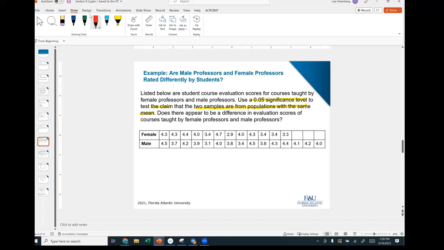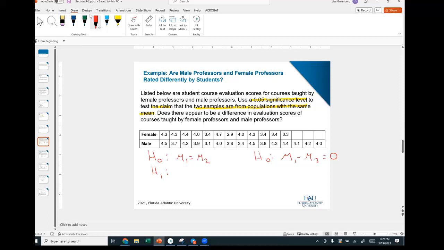The first thing we want to do is talk about our null hypothesis and our alternative hypothesis. We have these two different means, and there are two different ways we can write it. We can say, is mu1 equal to mu2? Or we can say mu1 minus mu2 equals 0.